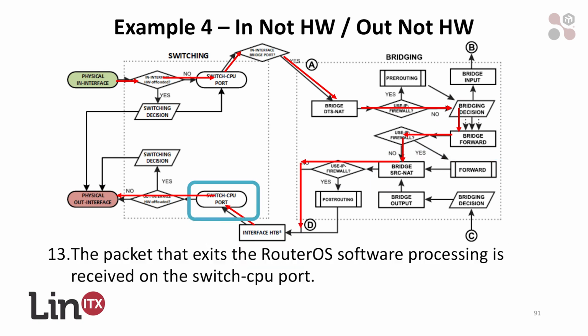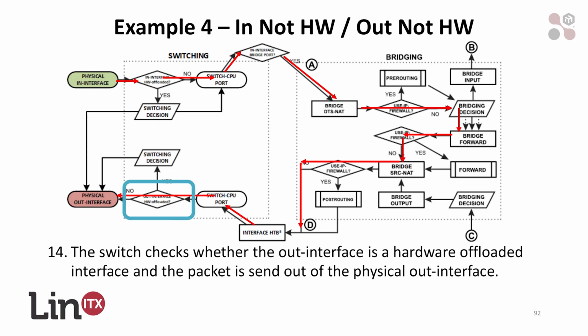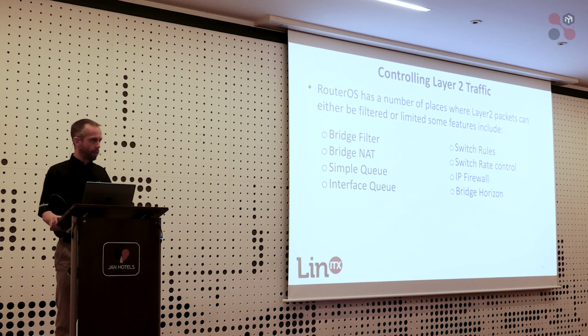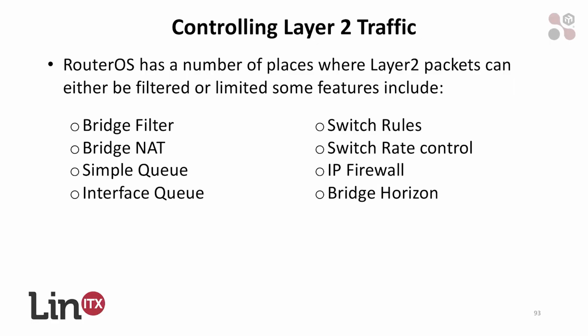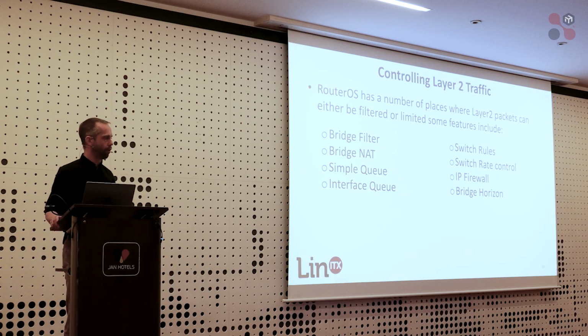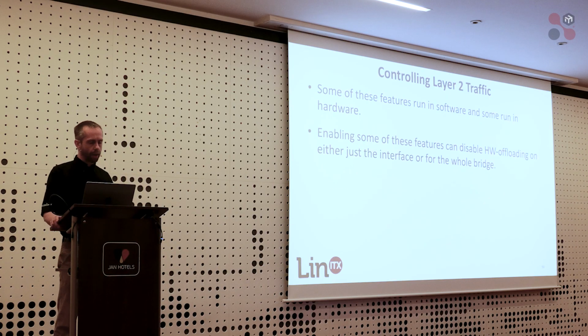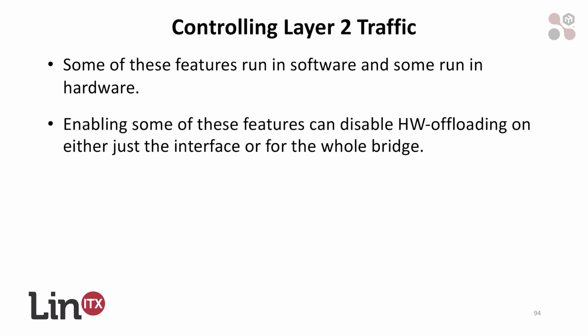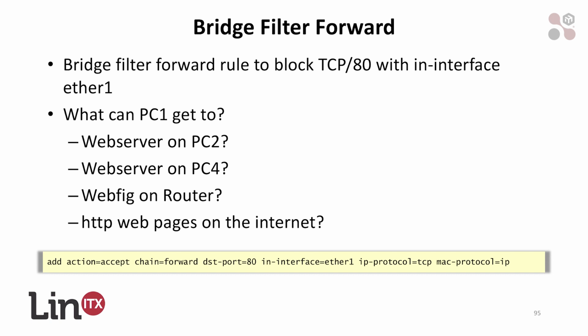So, as well as looking at it using the packet flow, we can control layer 2 traffic in a number of ways. We have the bridge filter, and we have switch rules, and a number of other things. So what I have done now is I thought that I would apply some of these features of limiting traffic.